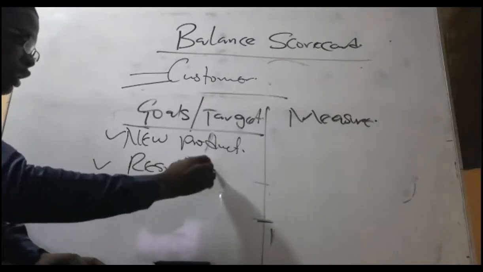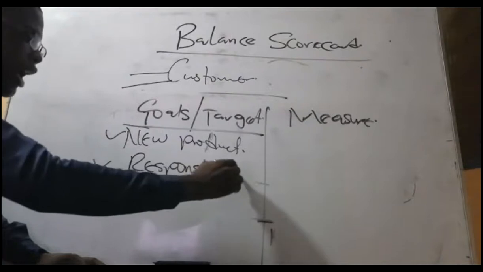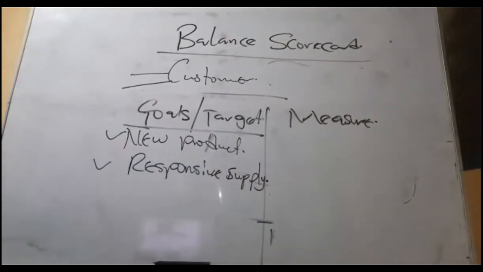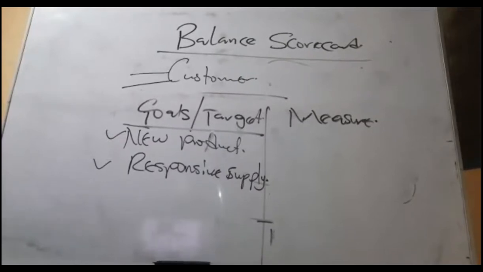Responsive supply: quickly, we have to be critical and respond to all orders. When a customer orders 1,000 items, how long does it take to respond and reply and even deliver the goods?